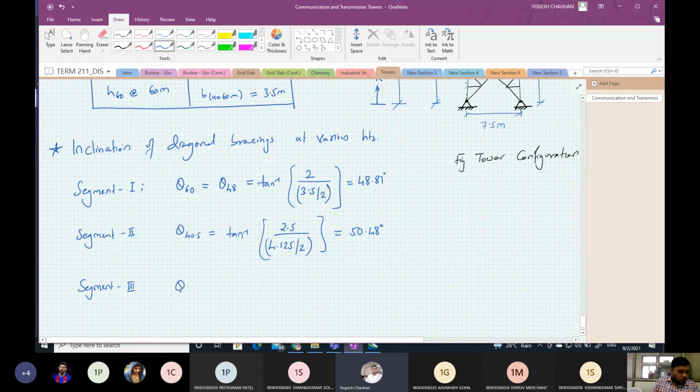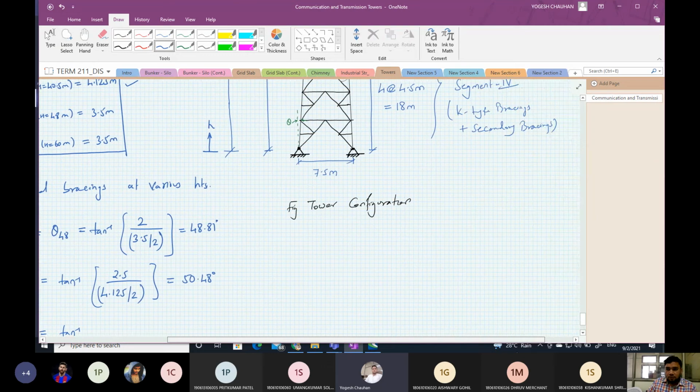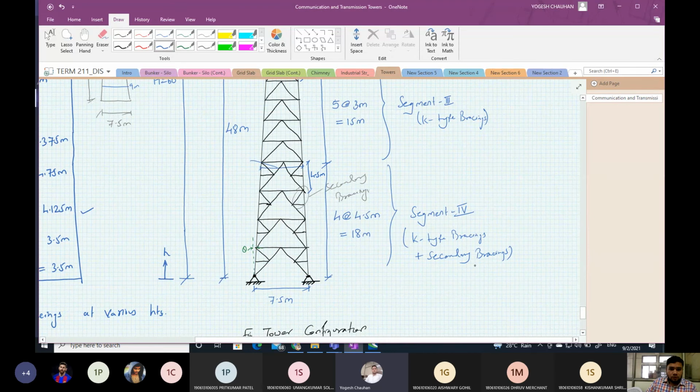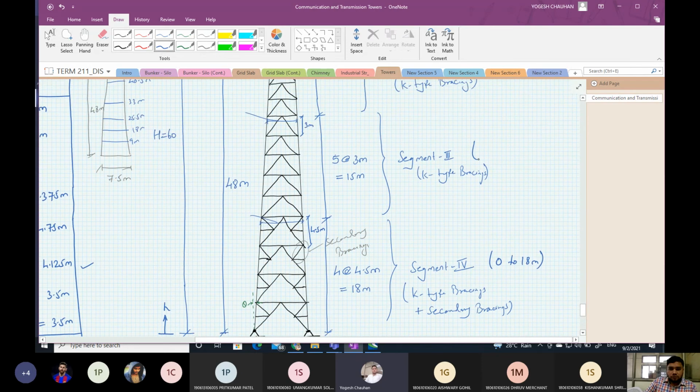This will give you an inclination in the second segment of 40.48 degree. Segment 3, that is theta 22.5. You can mention here the segment ranges. The first segment is ranging from 0 to 18 meter. The second segment is ranging from 18 meter to 33 meter.